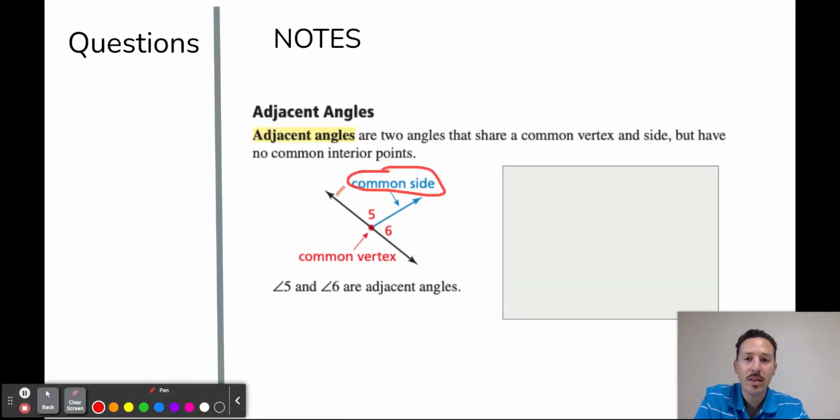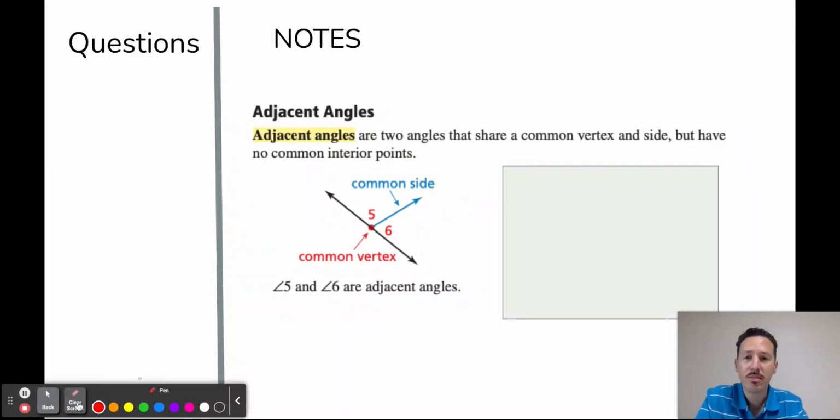So notice that there's an angle that's created here, which is angle 5, and then angle 6 is there. Angles 5 and 6 are adjacent because they share a common side, which means they also have a common vertex, right? The point where they're basically meeting there. So those are adjacent angles.